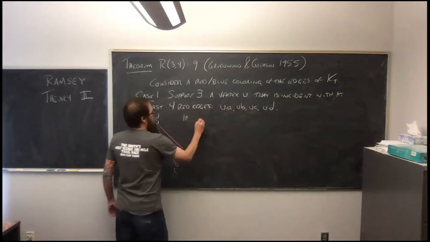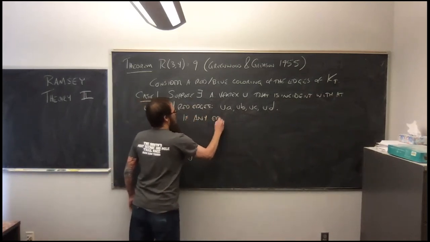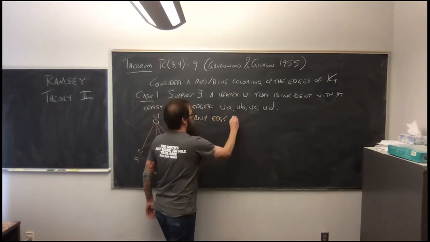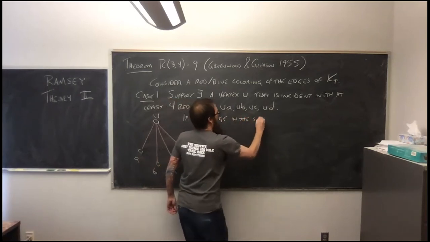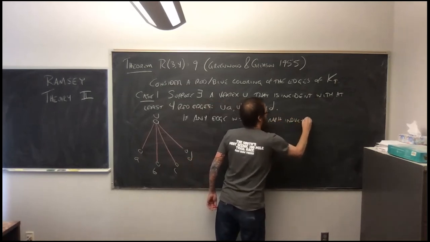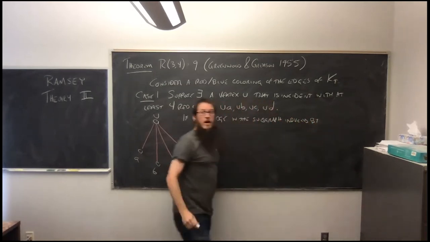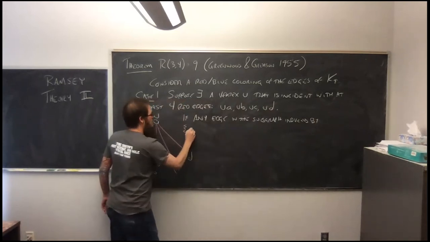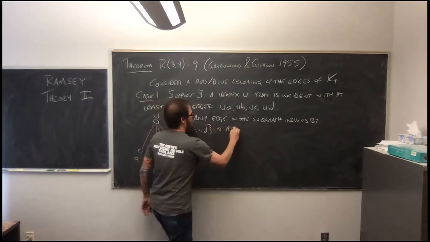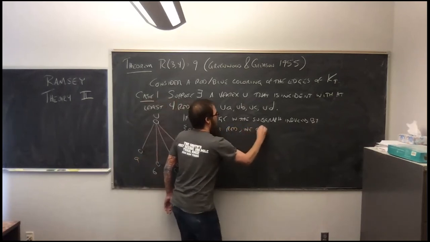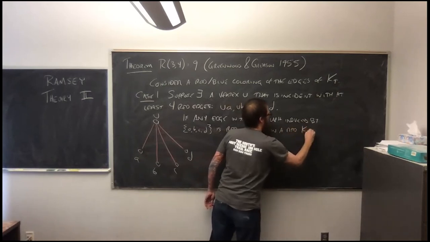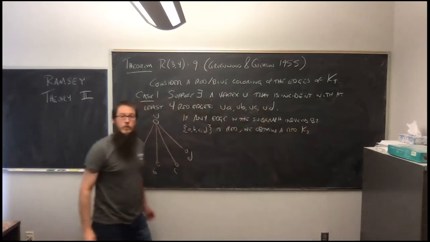So if any edge in the subgraph induced by the set ABCD is red, you obtain a red triangle, or a red K3.